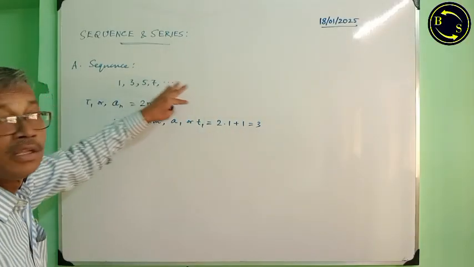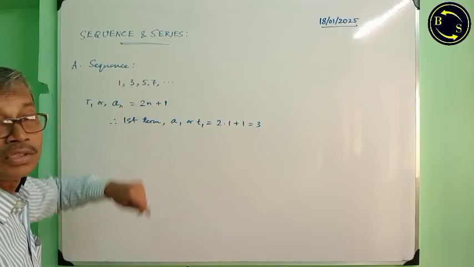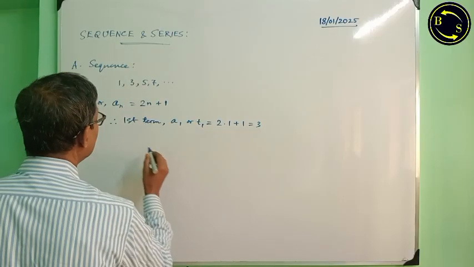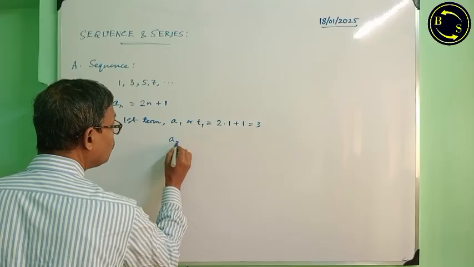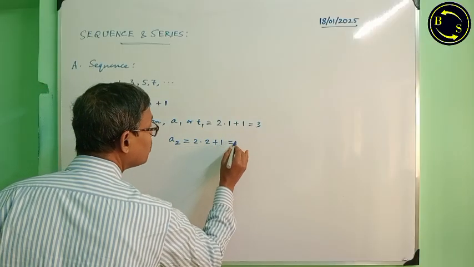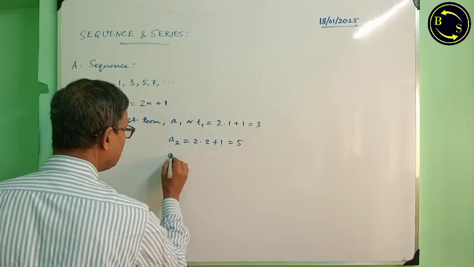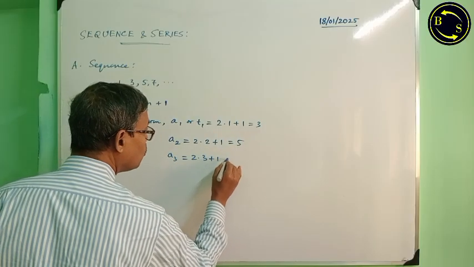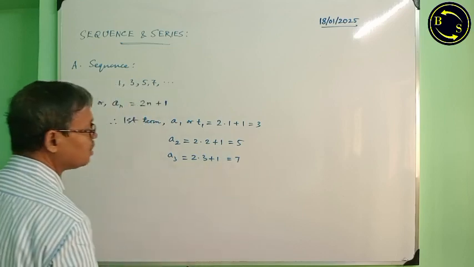Then A2 will be 2 into 2 plus 1, that is 5. A3, 2 into 3 plus 1, 7.